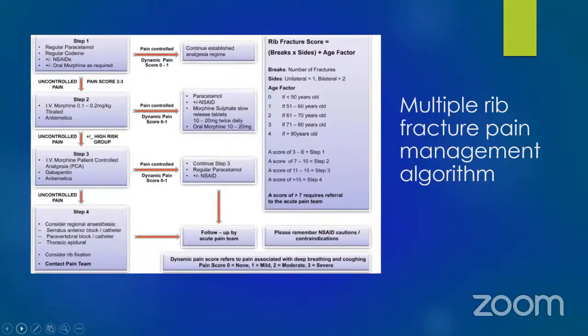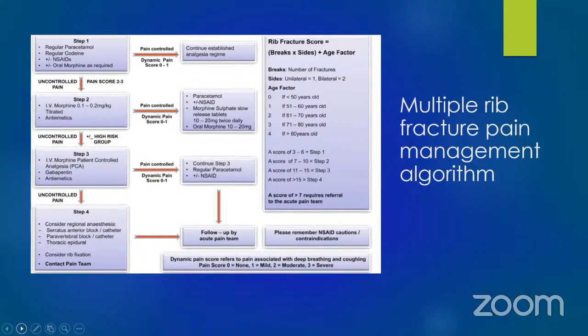If the pain is not controlled, we have to proceed to step 4. Step 4 includes regional anesthesia blocks and some surgeries like rib fixation, and we have to contact the pain team. From step 3 and step 4, we have to arrange follow-up by the acute pain team.